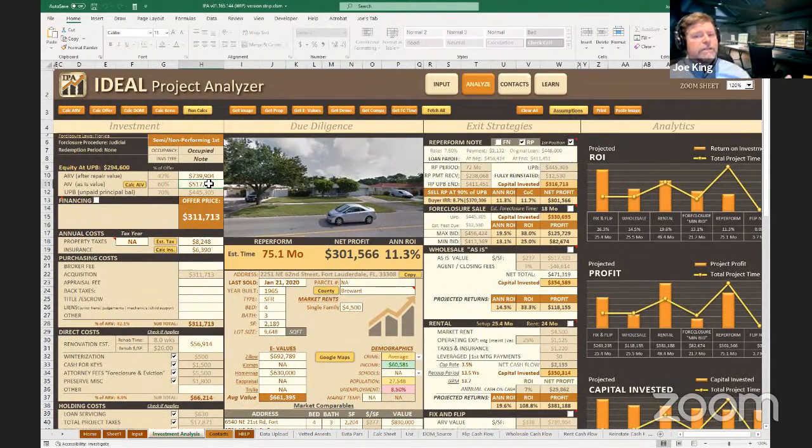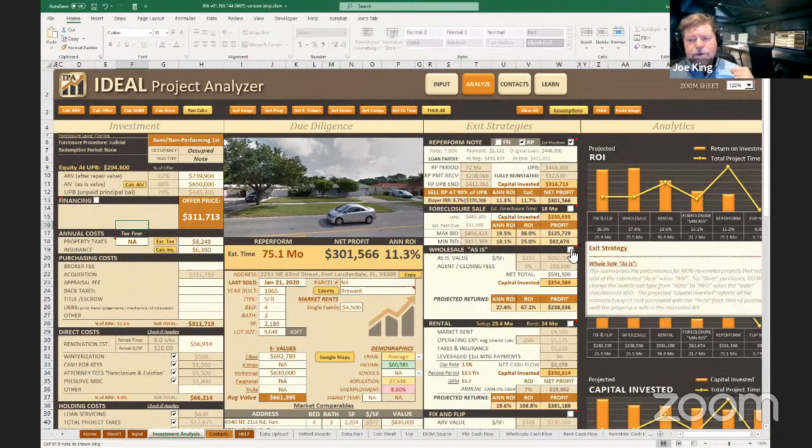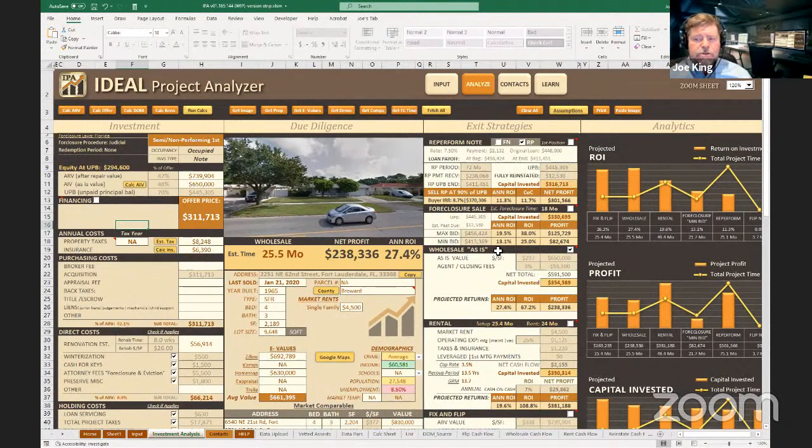So let's say, for argument's sake, we did get a realtor on the phone. The realtor says, you know what, this thing's only worth 650,000. So we're going to put our as-is value at 650 in there, and take a look at that $650,000 value. If we took the property back at foreclosure, what does that look like for us?